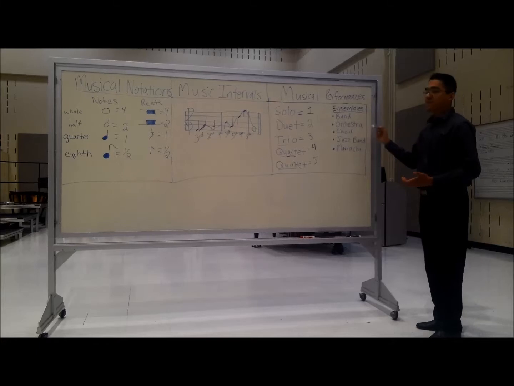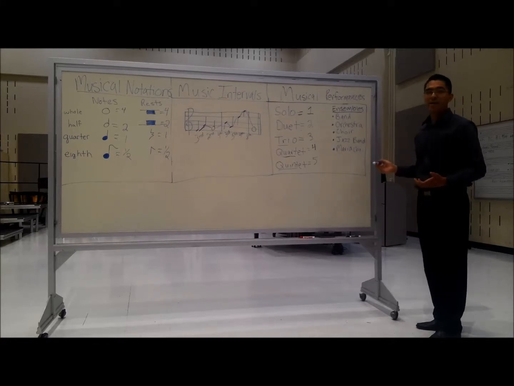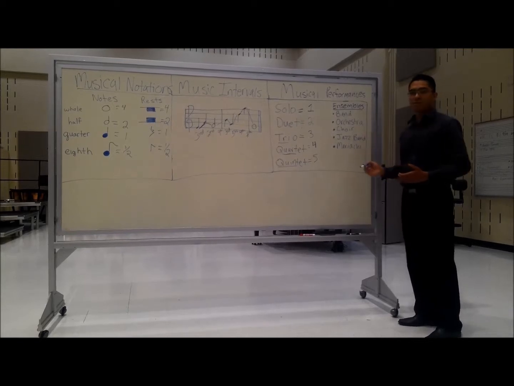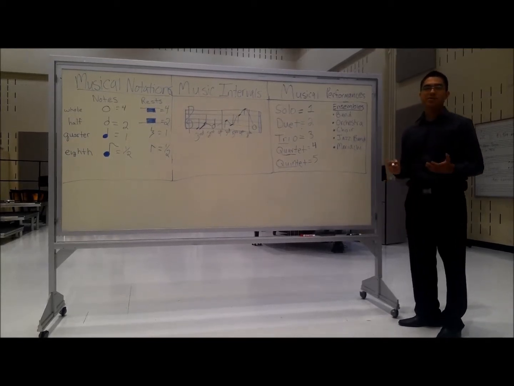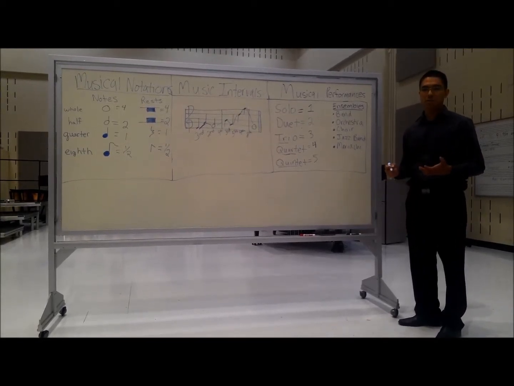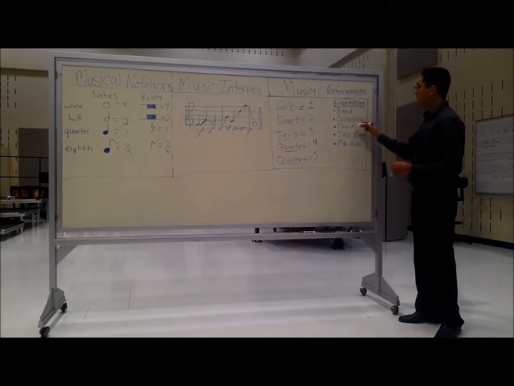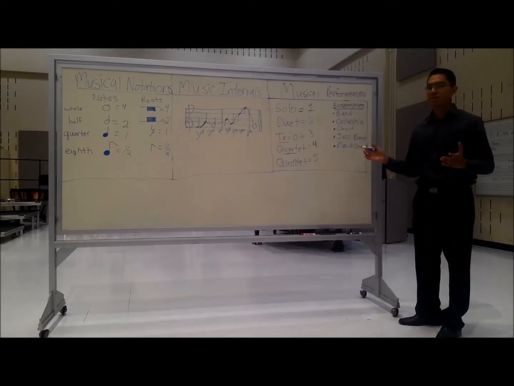Here in the band, we pretty much have all wind players with percussion. In the orchestra, we would encounter your string instruments such as the violin, the viola, the cello. In the choir, well, it's a vocal, a group of people singing.